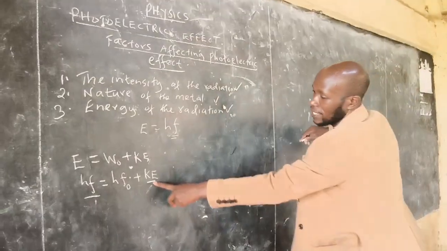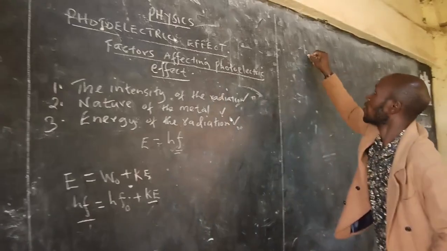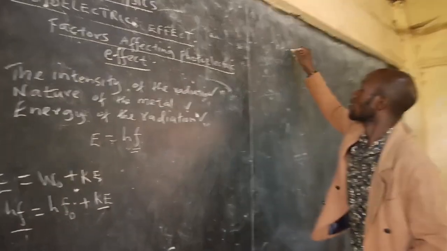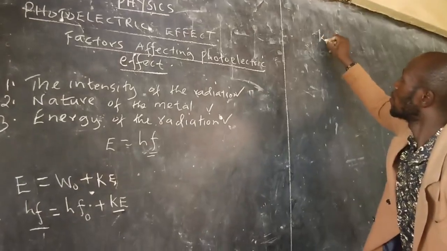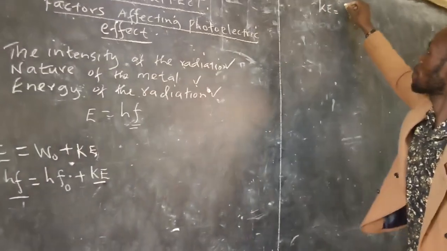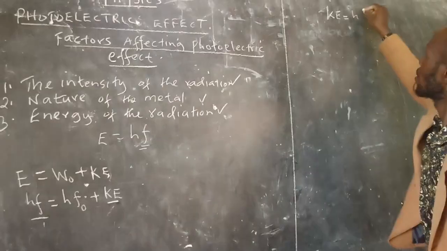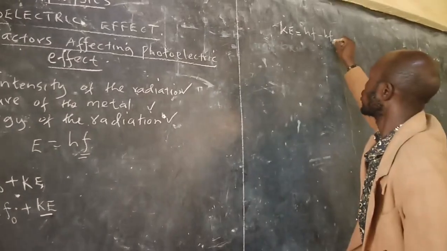Now, leaving the kinetic energy on one side, let us take the work function to the other side. So the kinetic energy will be equal to hf minus hf naught.